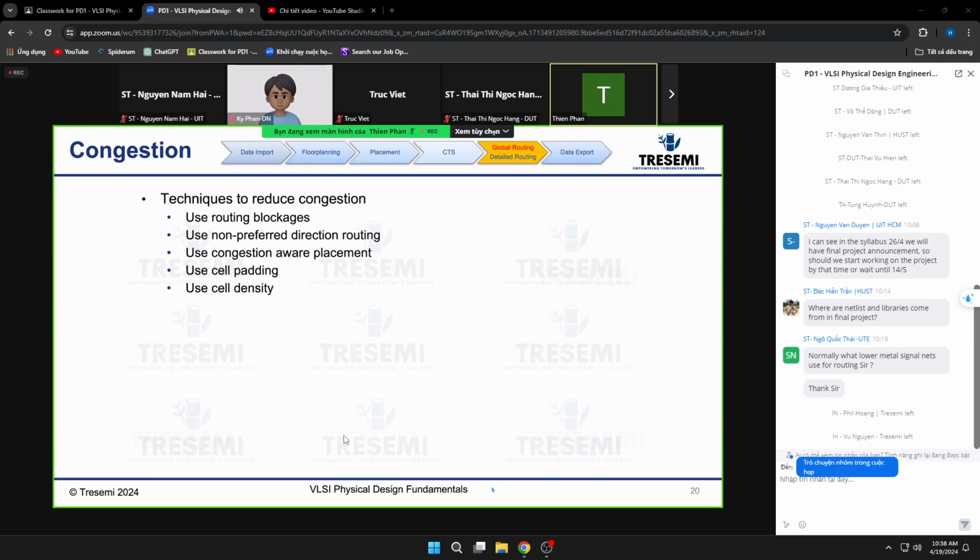Another one is, sometimes you have a channel, right? Usually a channel is just one direction, and as we know, the layers have a preferred direction, so usually they cross: 1 and 2, 1 and 3, and 2 and 4.